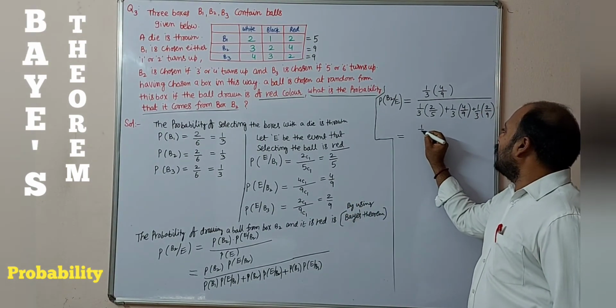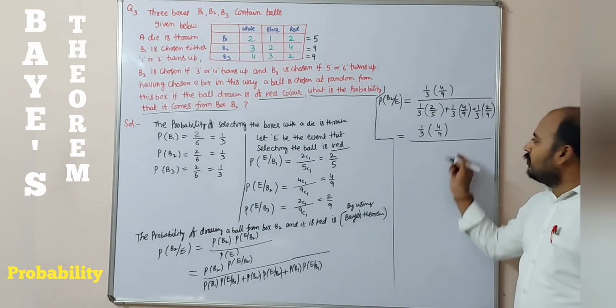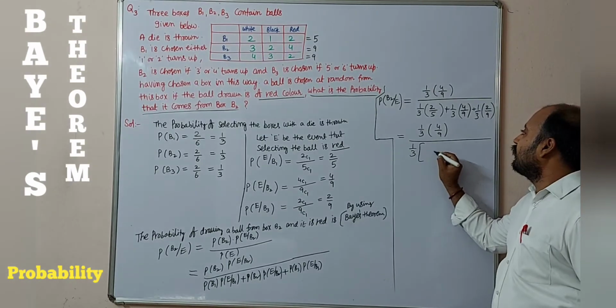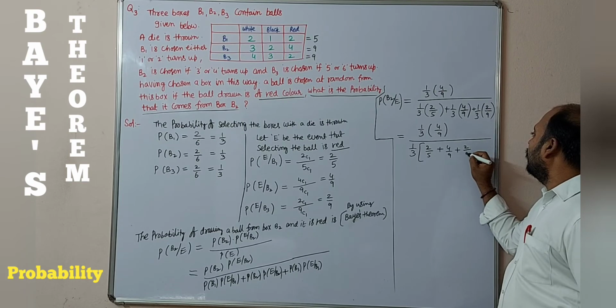Taking 1 by 3 common, the 1 by 3 gets cancelled, giving 4 by 9 divided by 2 by 5 plus 4 by 9 plus 2 by 9.